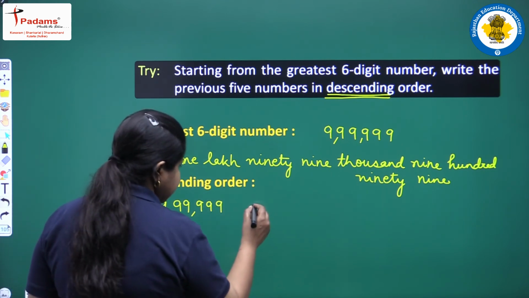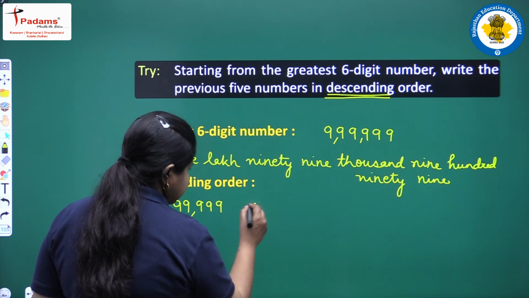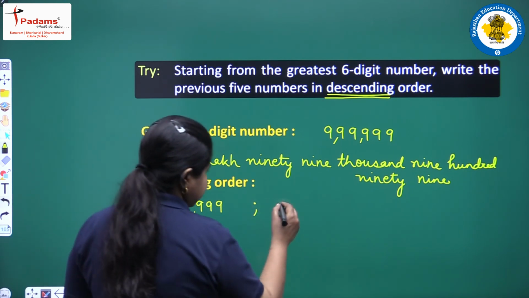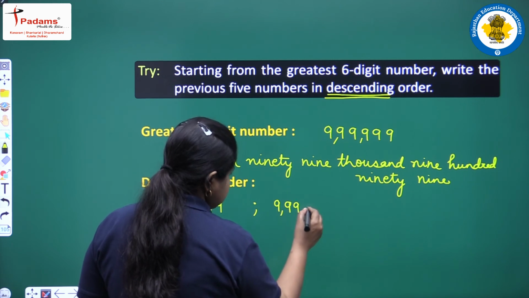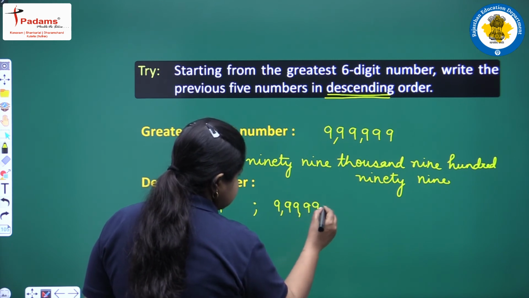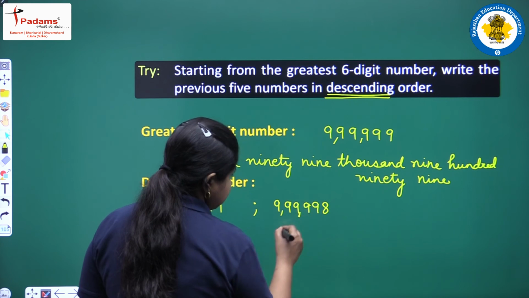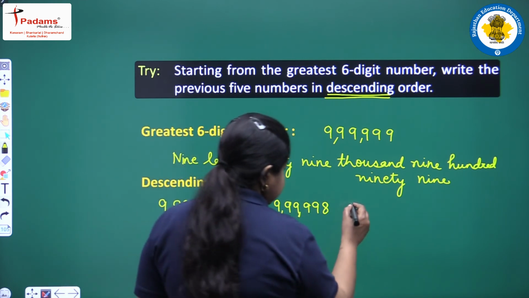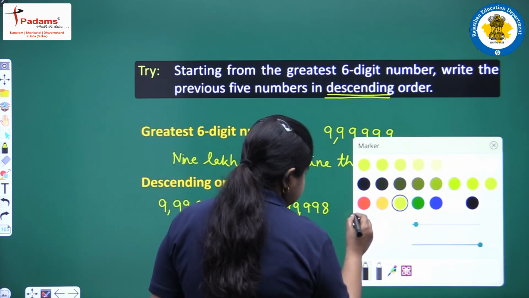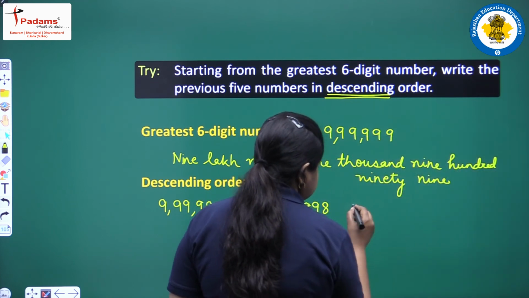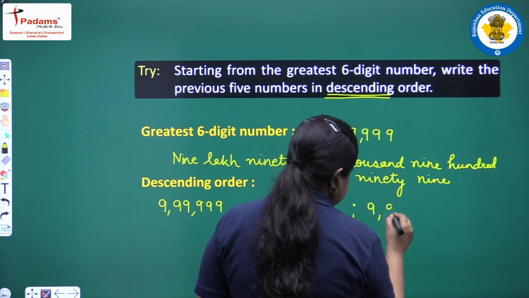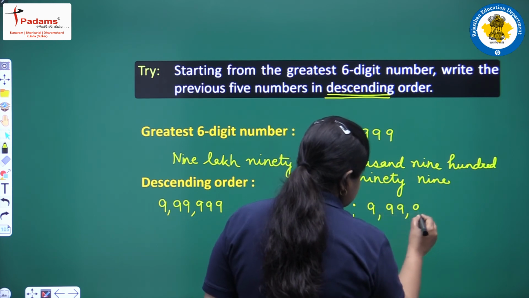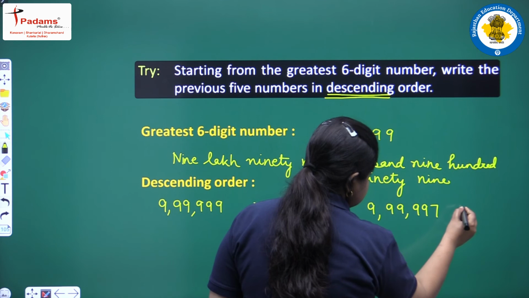So we will write the next number, just subtract 1 from it, you will get 9,99,998. Then subtract 1 from it, you will get 9,99,997.